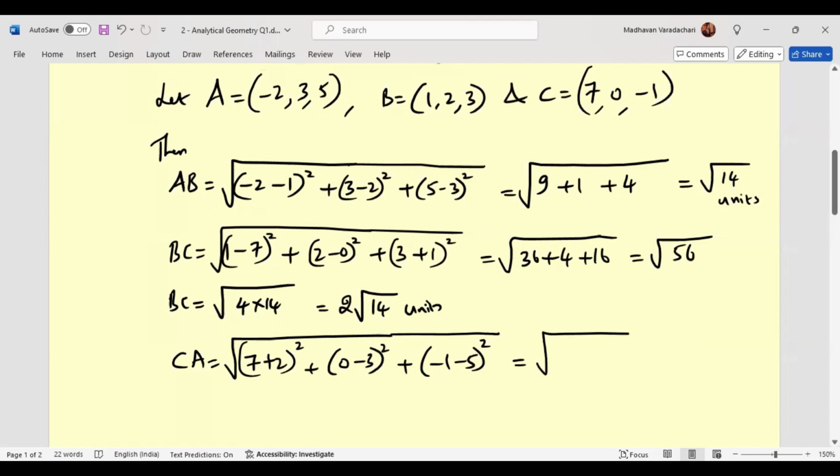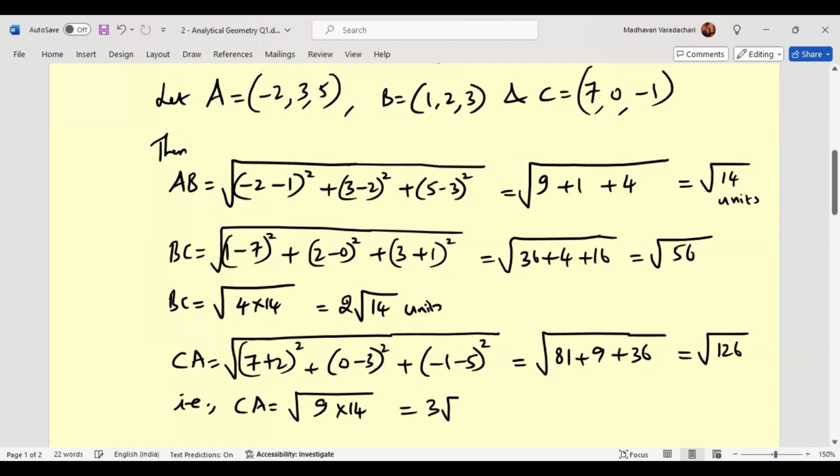That will be equal to 9 square, which is 81, plus (-3) square which is 9, and (-6) square which is 36. So if we add 90 plus 36, it becomes square root of 126. So that is CA. This can be written as root of 9 into 14. That is nothing but 3 root 14 units.